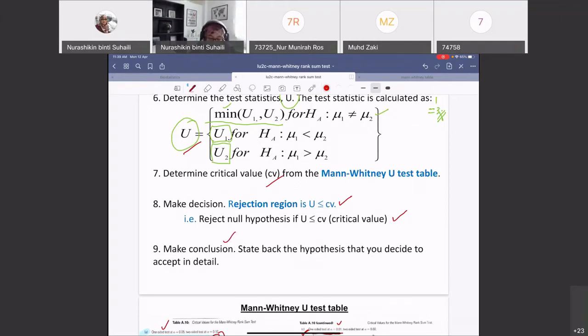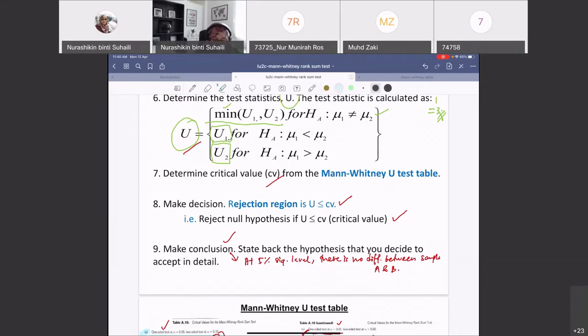It's also very important to mention in your conclusion, let's say, at the 5% significance level, that if you accept the null hypothesis, there is no difference between sample A and B. That is an example of a conclusion.